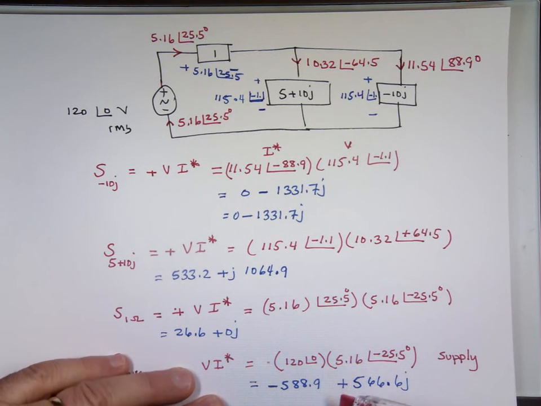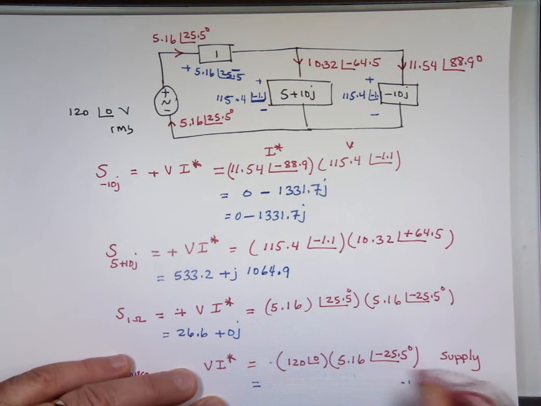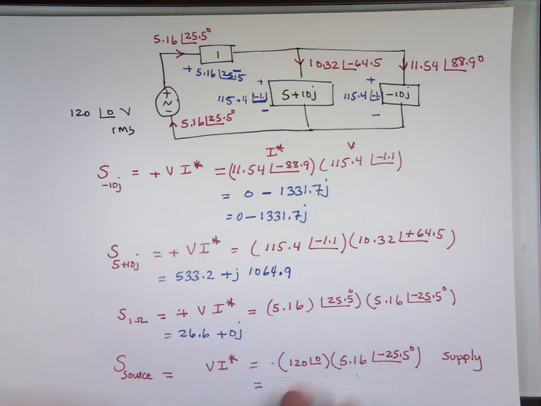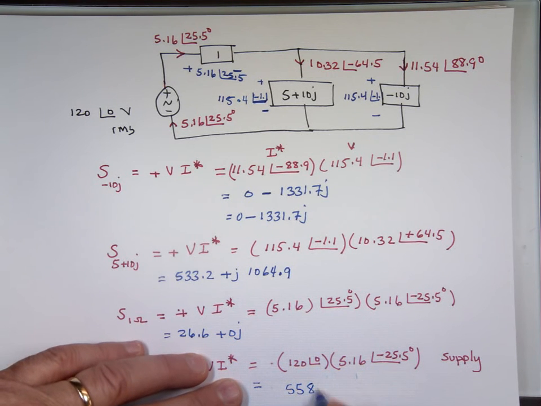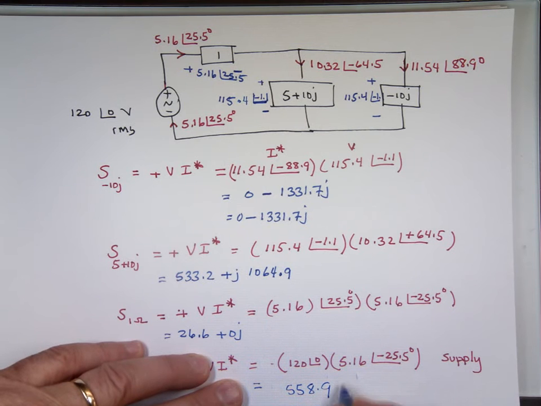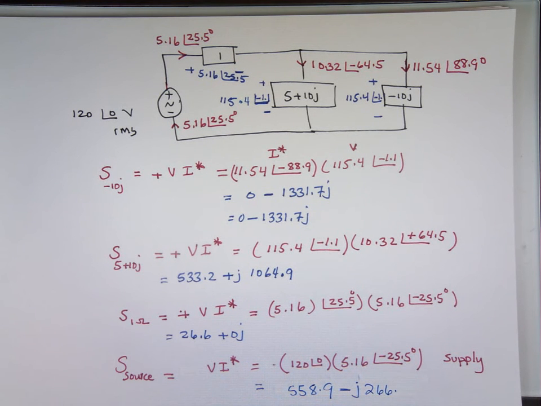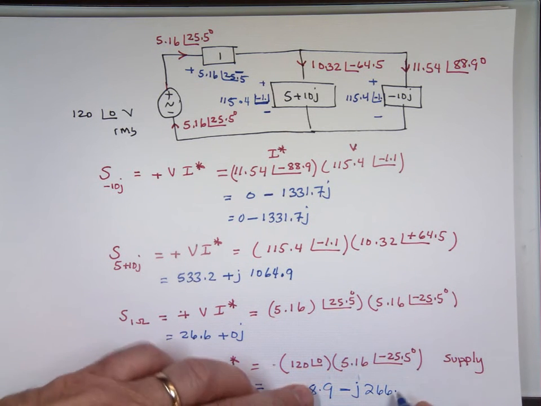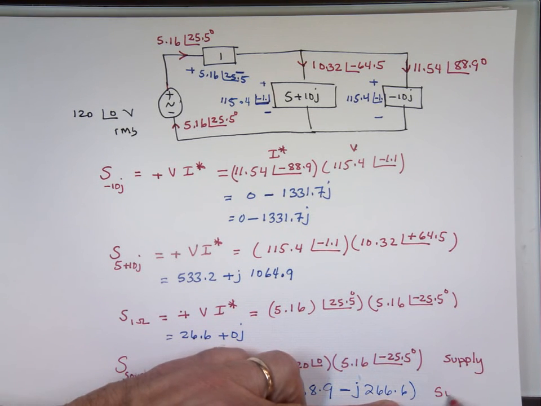I don't know why my number is wrong here. I just redid the math. It should be 558.9, and the imaginary portion should be minus j266 point something. But it will be supplied, 0.6. And that's supply. It won't be absorbed, the power by the source.